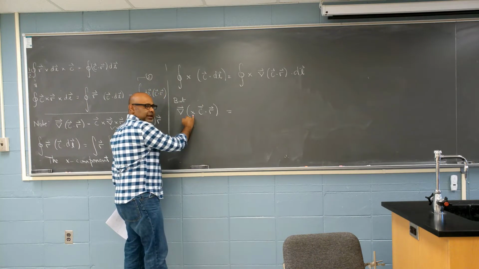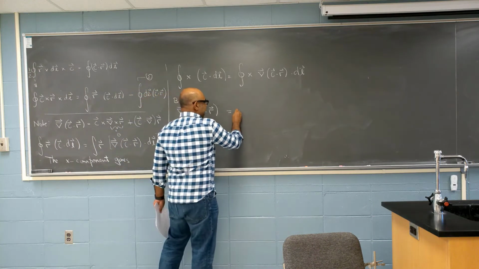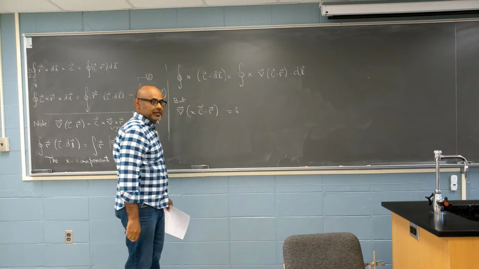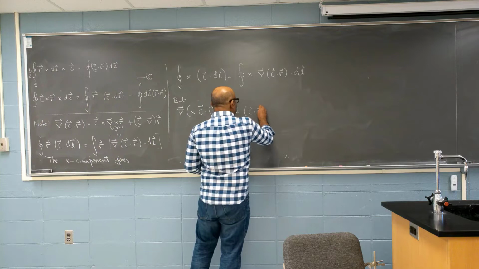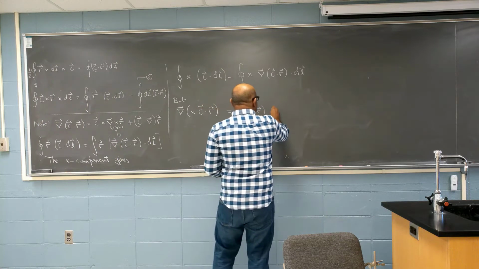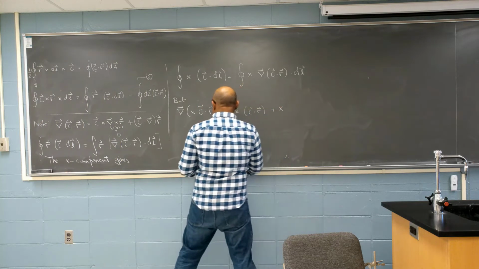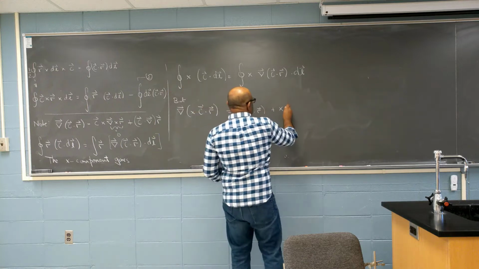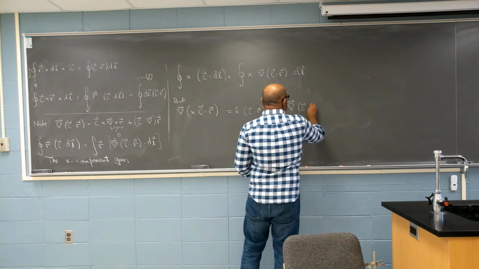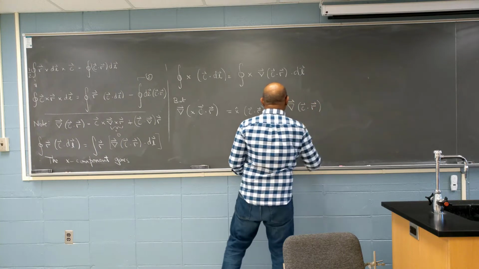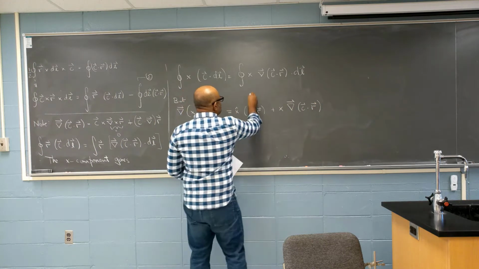Gradient of x is just x hat. And then I'm left with C dot R. And then I'm going to pull the x out and take the gradient of what was there to begin with. And that is sort of what we need, C dot R. And this is what we have.